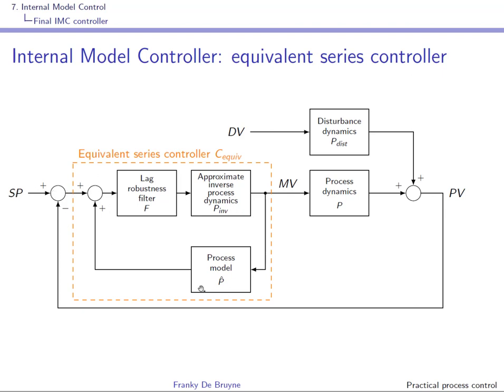And if you compute this transfer function, it will be this one that is in the forward part, F P inverse over 1 minus, because we have a plus here, and then what you have in the whole path. So it will be here F P inverse P hat, and this is indeed what we had obtained before.